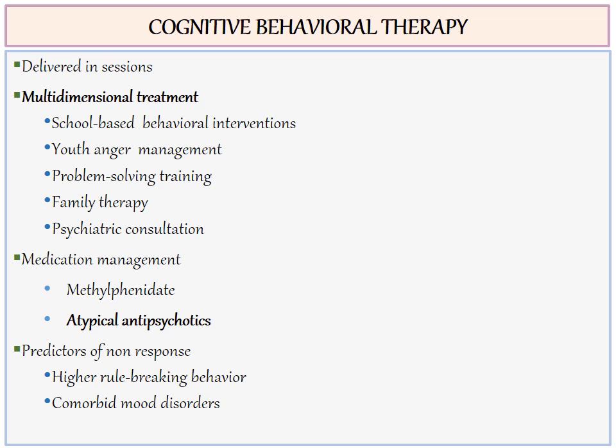Cognitive behavioral therapy in conduct disorder is delivered in multiple sessions, and multidimensional treatment is needed: school-based behavioral interventions, youth anger management, problem-solving training, family therapy, psychiatric consultation, and medical management. Methylphenidate: the average dose is approximately 1 mg per kg per day.